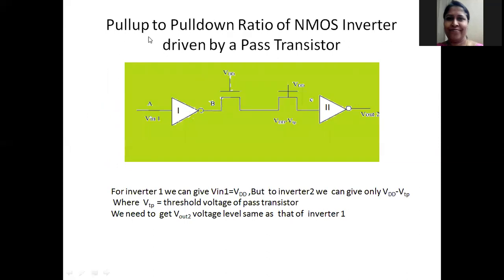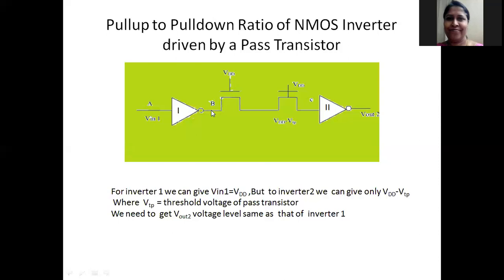Coming to pull up to pull down ratio of NMOS inverter driven by a series of pass transistor, we need to design this inverter to provide proper voltage levels as how a NMOS inverter driven by a similar NMOS inverter provides. So you should know that for the first inverter, if we apply Vin equal to VDD, output will be logic low.